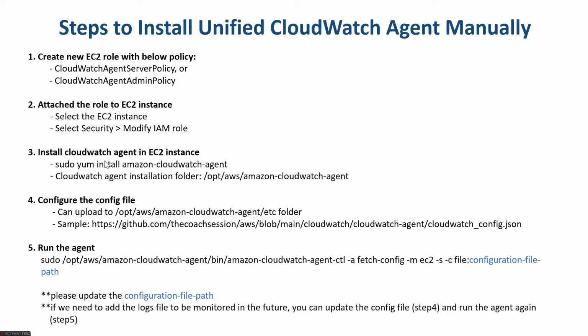Then we need to install the CloudWatch agent on the EC2 instance, and then configure the config file. This config file basically tells the instance what metrics or logs need to be pushed to CloudWatch. And the last step is to run the agent, referencing your configuration file.